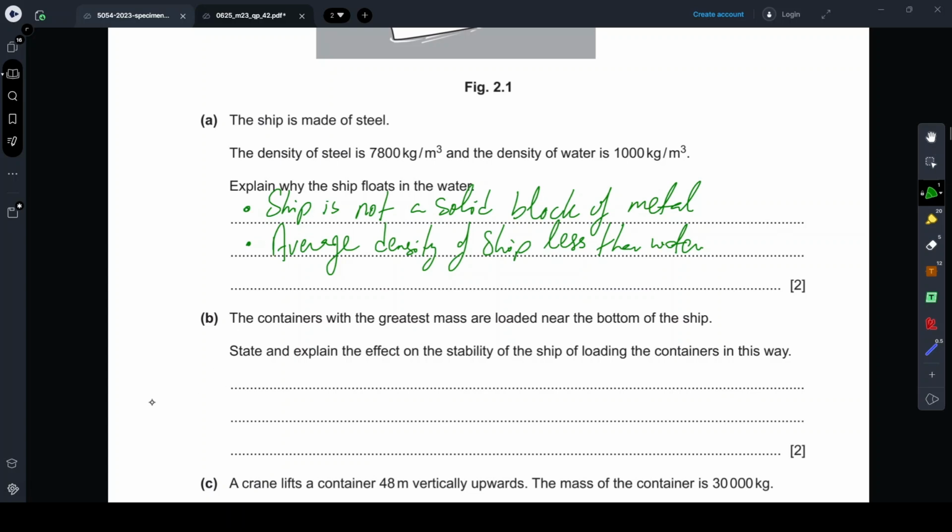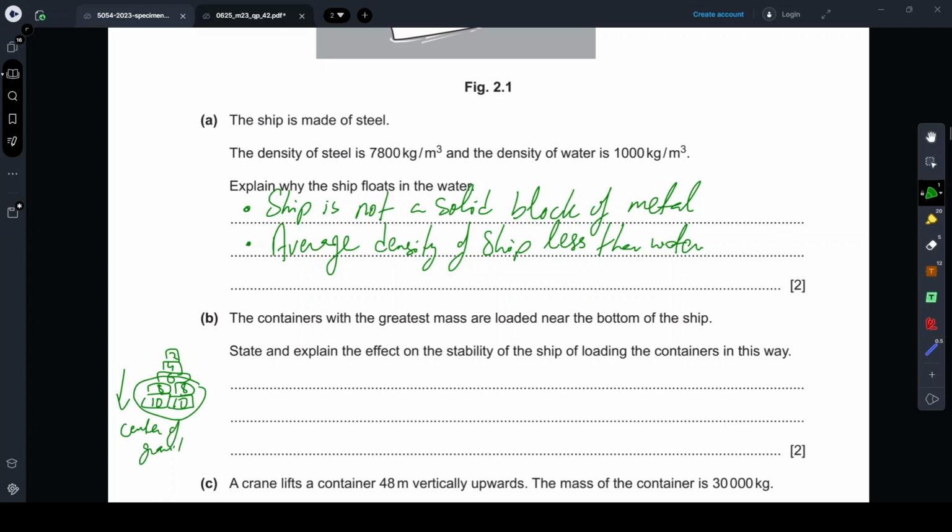Right, so if you have a stack and you've got the heaviest item at the bottom, then you're placing the lighter ones on top. What you're doing is you're lowering the center of gravity.